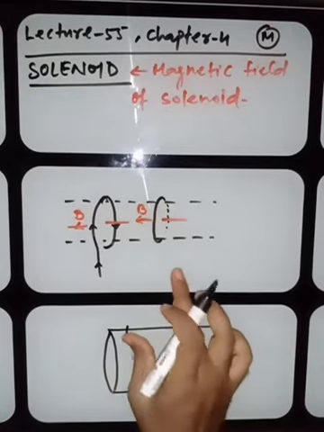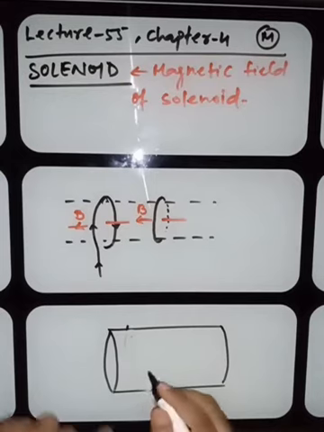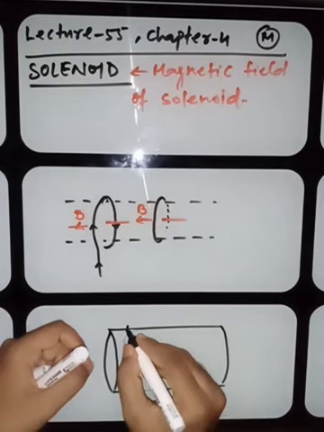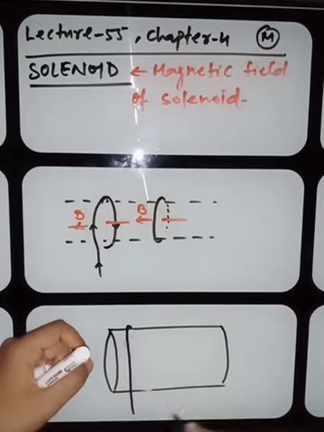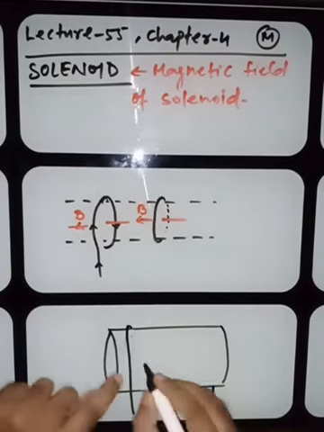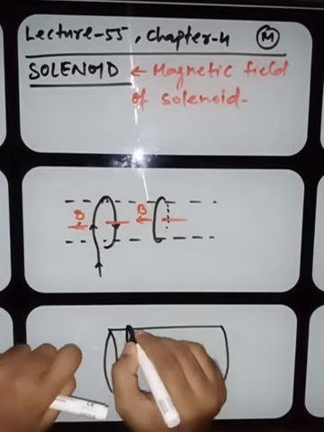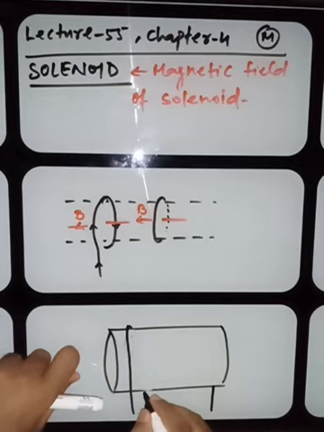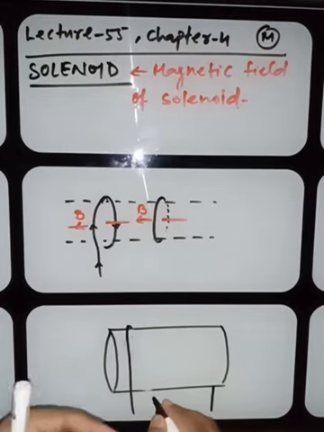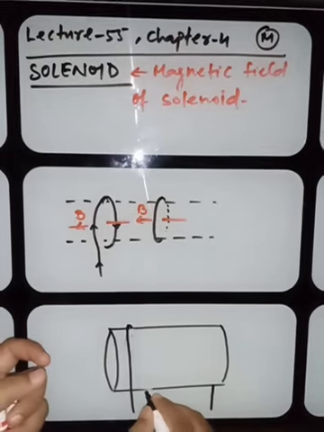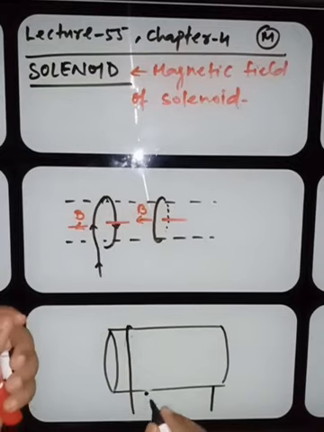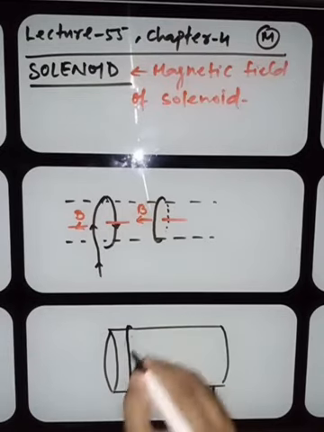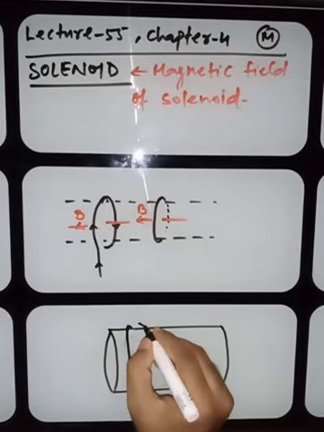The conductor that we use to wind over here is going down, and at this end the conductor will come out. So let us take the direction of current: it is dot here, and here the current is moving down, so the direction of current is cross.